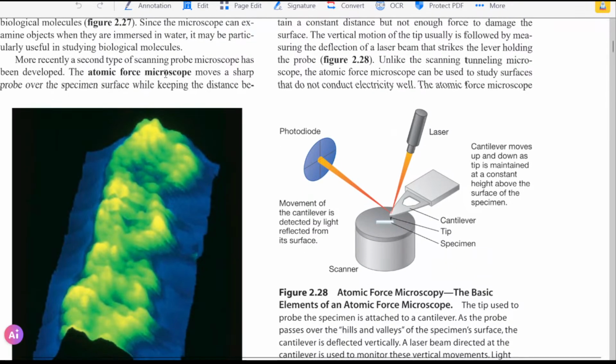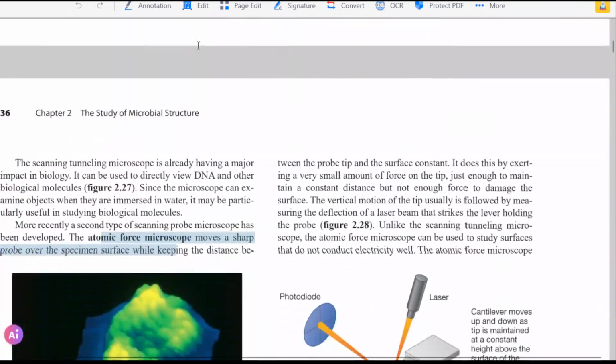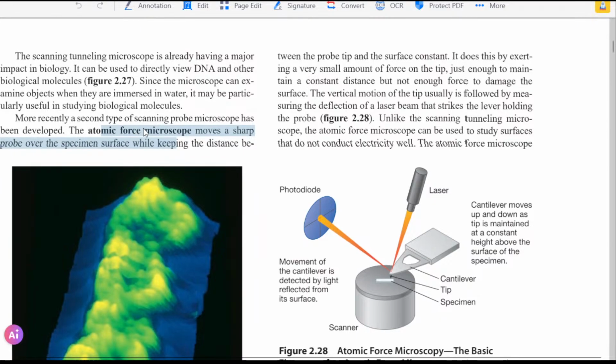Now, the atomic force microscope, unlike the scanning tunneling microscope, doesn't use electricity and it uses the laser. While it goes to the tip between the probe tip and the surface, all the process is the same, but when it moves up and down and the light is scattered here and there, right, it doesn't necessarily have to be light, it is laser.